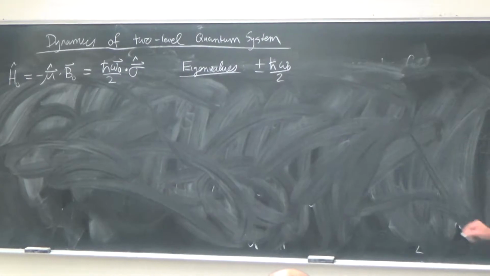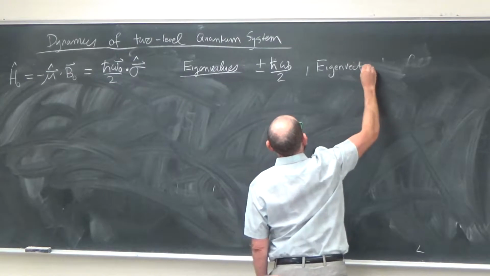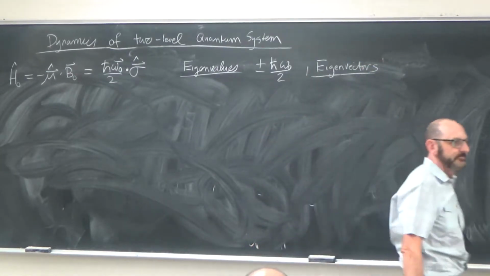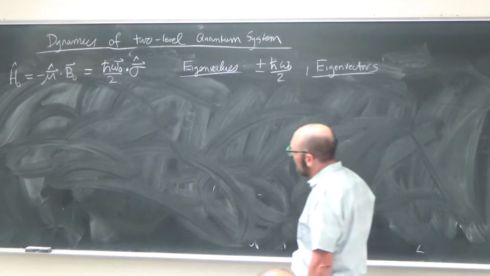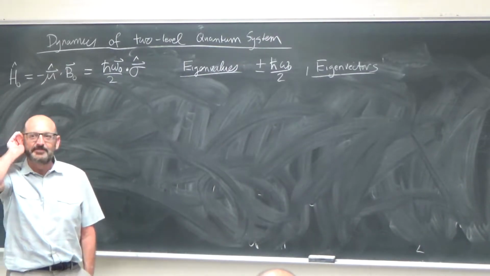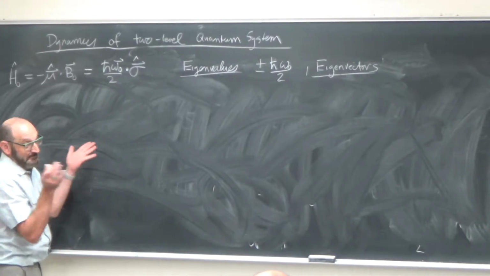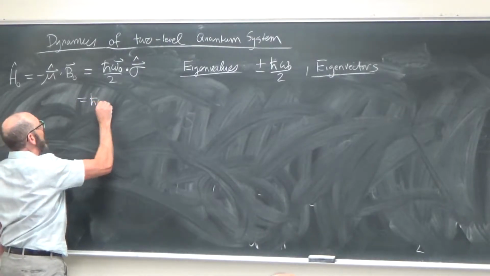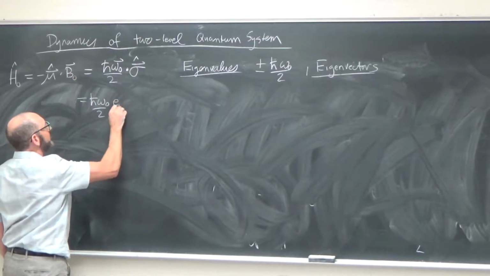And what are the eigenvectors of that Hamiltonian? Try it. Up and down along the direction of omega, right? We know this thing has got some magnitude and then some direction. It's the direction of the magnetic field.